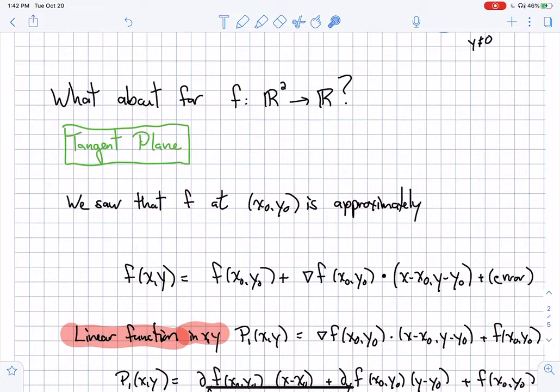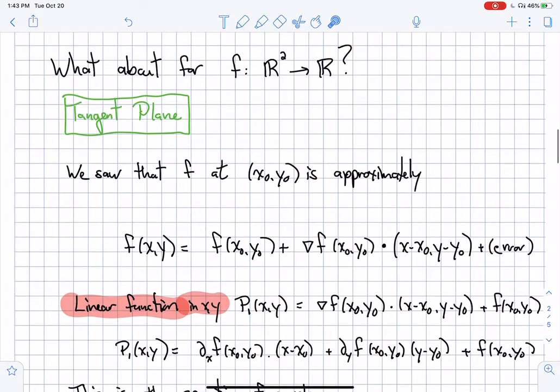Okay, and using the partial derivatives, we can write it compactly as saying that f(x,y) in a neighborhood of a point is equal to the function at that point, that's the 0th order, plus the gradient at that given point dot product with the vector (x minus x0, y minus y0), so how much I move away from the reference point, plus some error, okay?